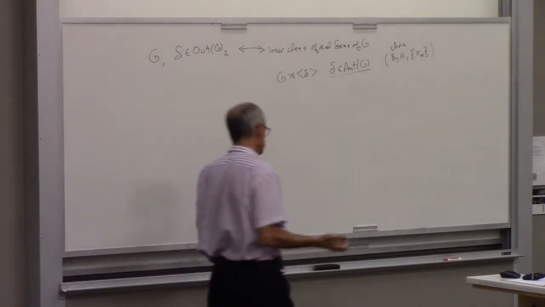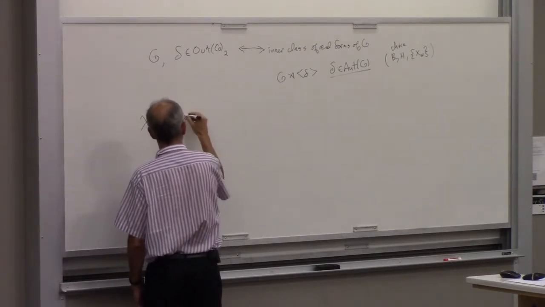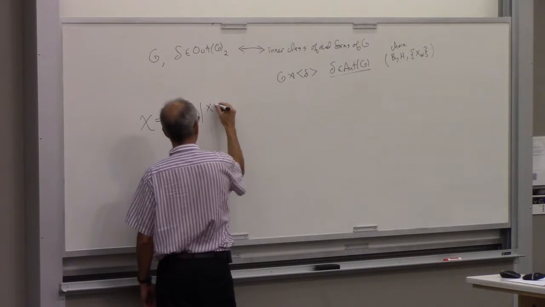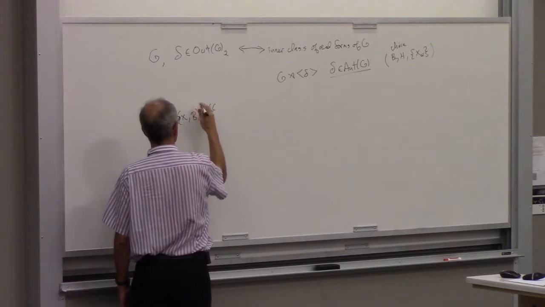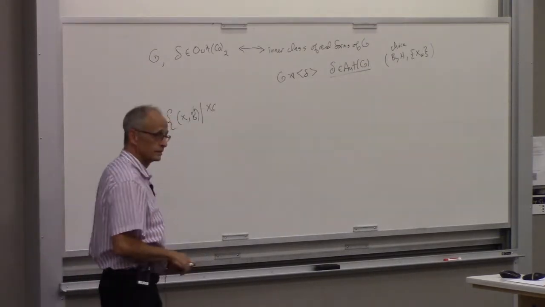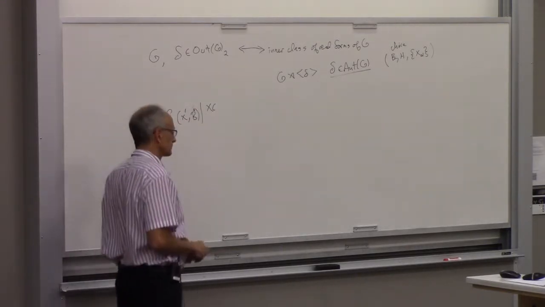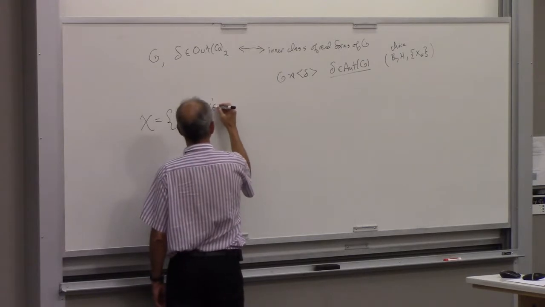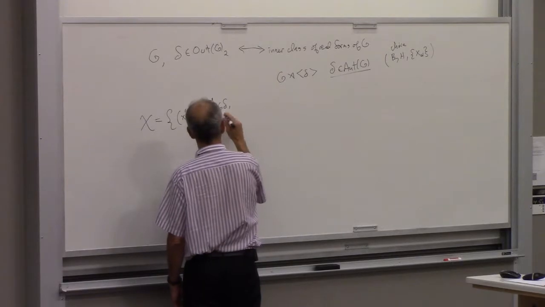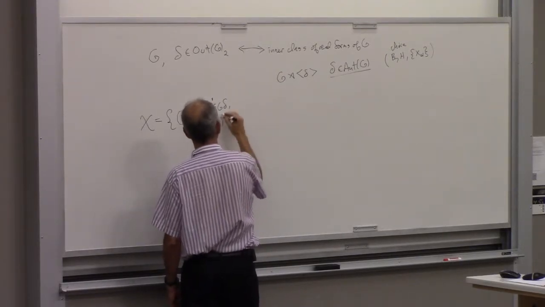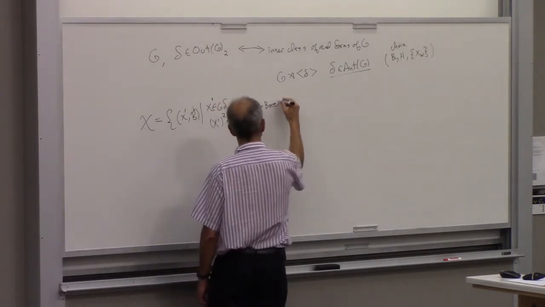Okay. And so now you make this group, and now you define the space X as the set of pairs X prime, B, such that X prime is in G delta, X prime squared is in the center, and B is a Borel.